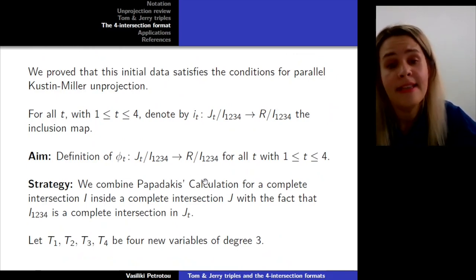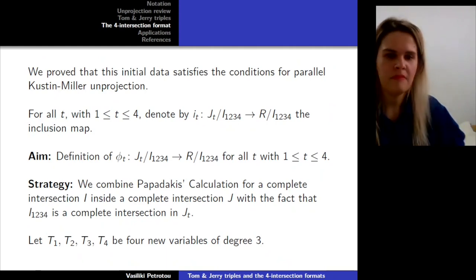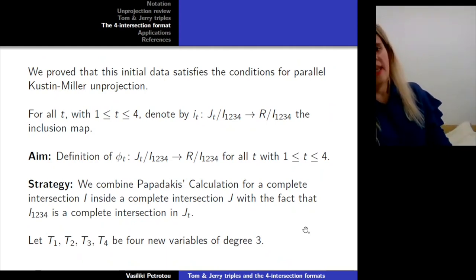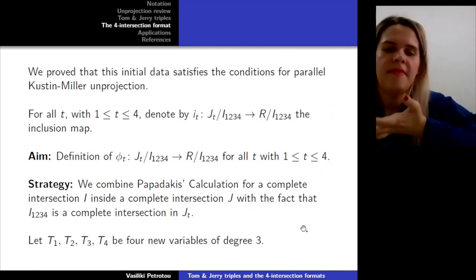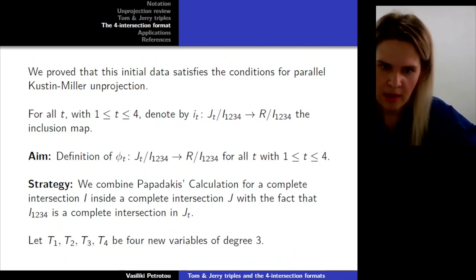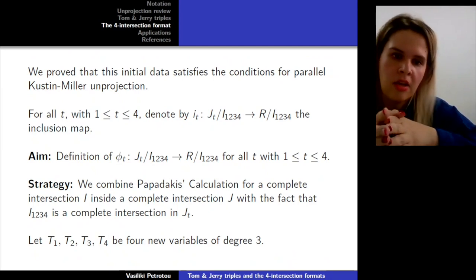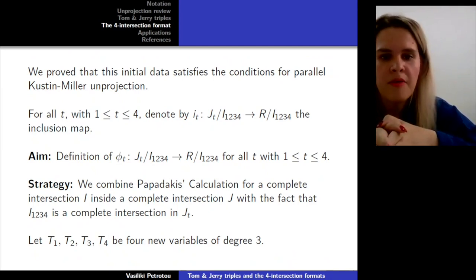Let's discuss a little bit in this format how we can define phi. We observe that our ideal is again a complete intersection ideal in each of the ideals J1 up to J4. And we recall that Papadakis' calculation is about, again, a complete intersection ideal inside a complete intersection ideal. So our phis are again defined as specializations of Papadakis' phi.